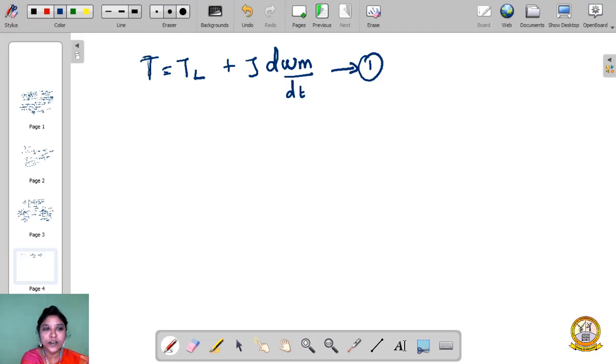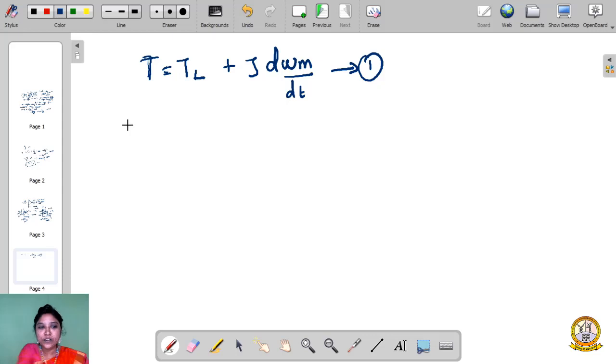What is the fundamental equation? Motor torque is equal to the load torque plus dynamic torque, that is J into d omega m by dt. By this reference we are going to derive the condition for equilibrium. Next we are going to make changes, because you have to check whether this is equilibrium or not. We are going to make some small changes in this equation.